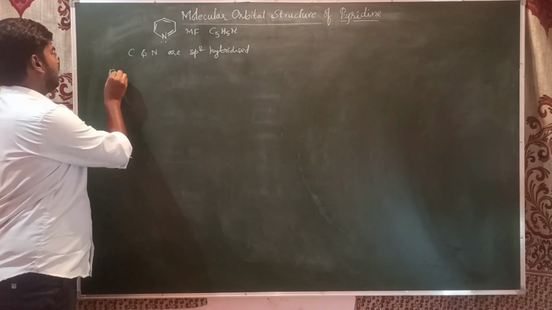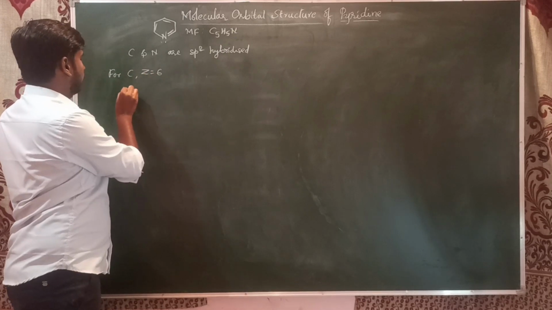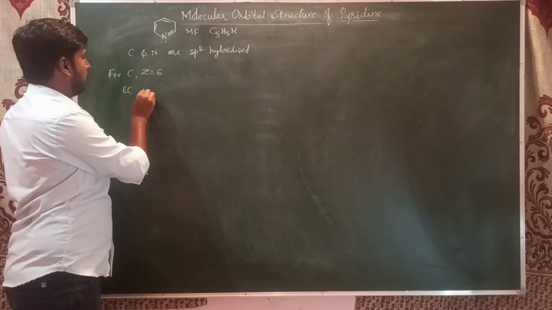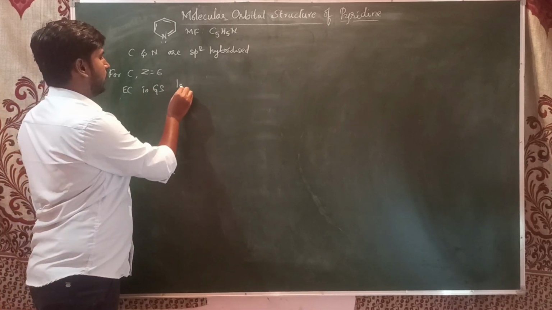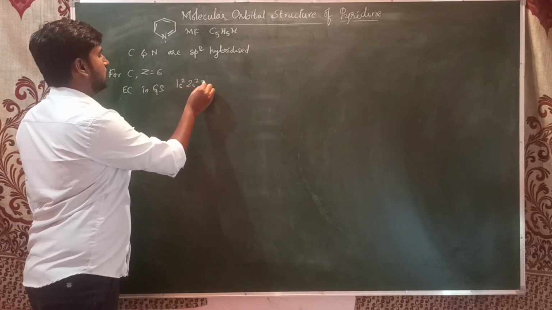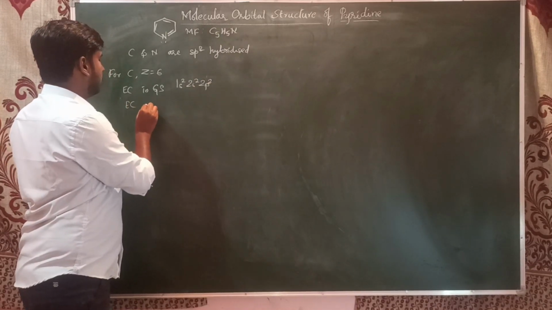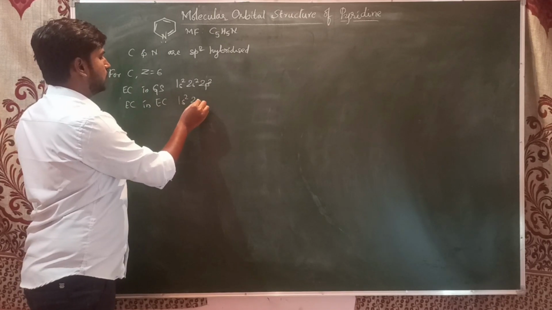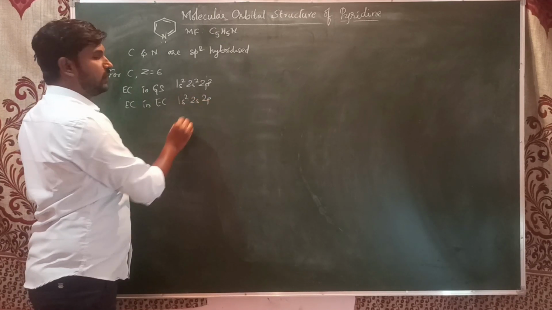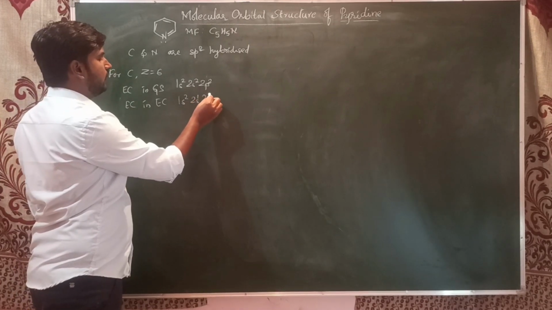For the carbon atom, the atomic number is 6 and its electronic configuration in ground state is 1s2, 2s2, 2p2. In the excited state, one of the 2s electrons shifts to the 2p orbital, that is 1s2, 2s1, 2p3.